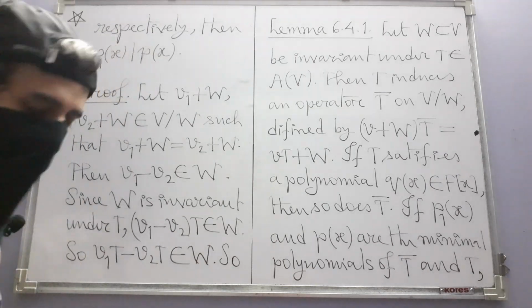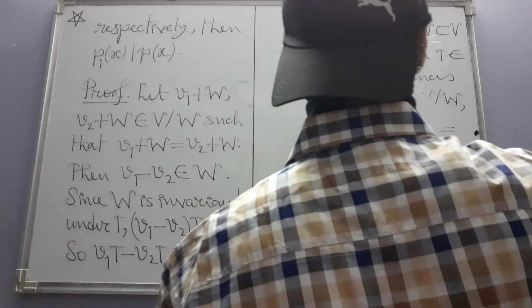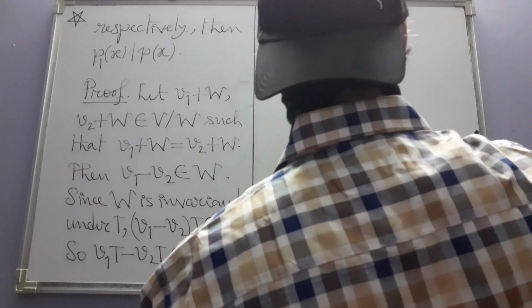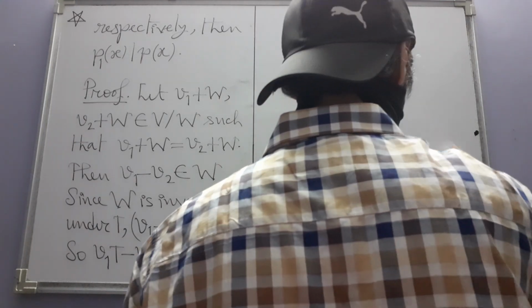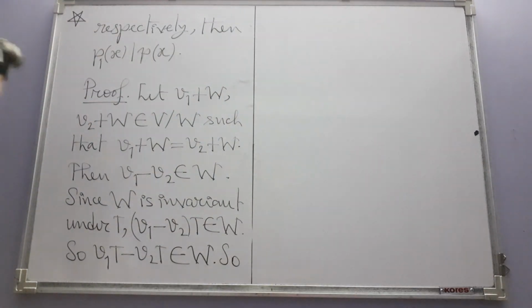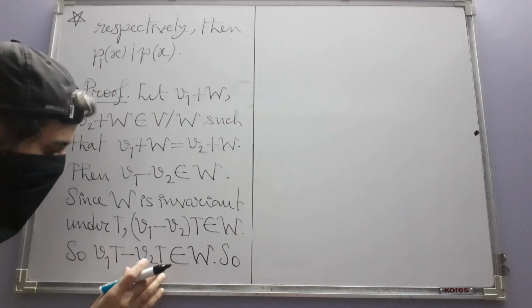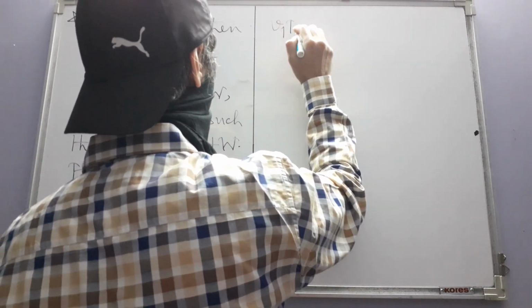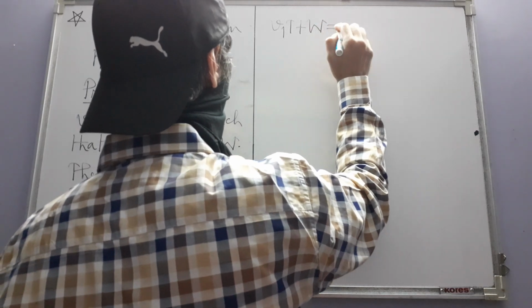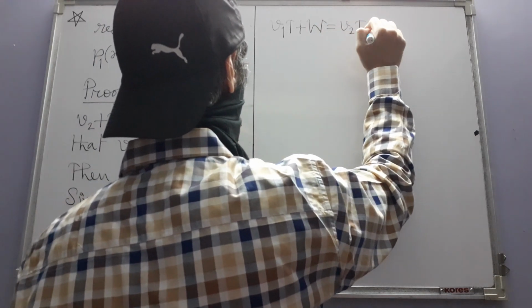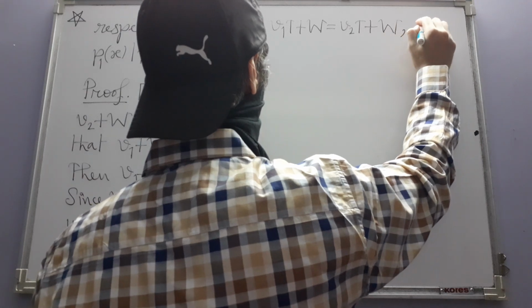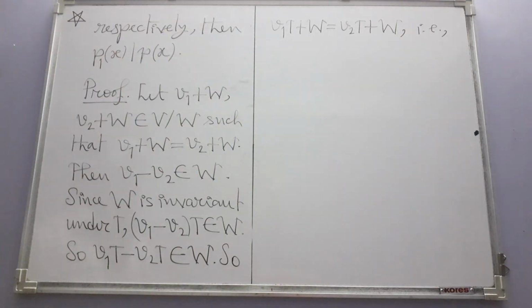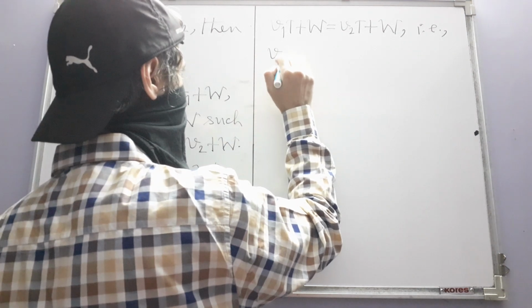So this minus this belongs to W, and that is going to imply that V1T plus W is equal to V2T plus W. But V1T plus W is the T bar image of V1 plus W. That is this.